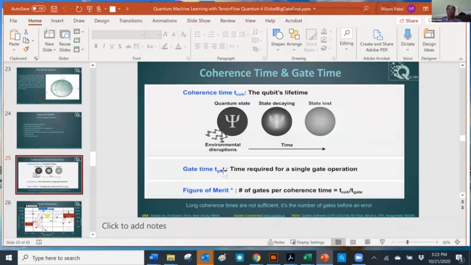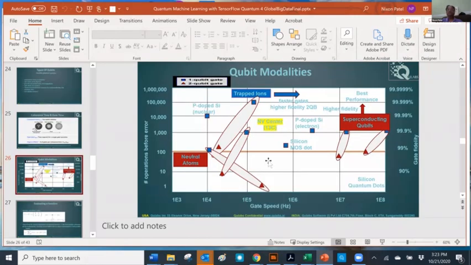The most important thing to know in this whole aspect is coherence: the amount of time the qubit remains in its state, before which you need to finish your computation. So that's the important concept to really understand. I put a generalized diagram to give you an idea of the number of operations before errors occur, the gate speed for different types like trapped ion versus superconducting versus silicon dots, and so forth.